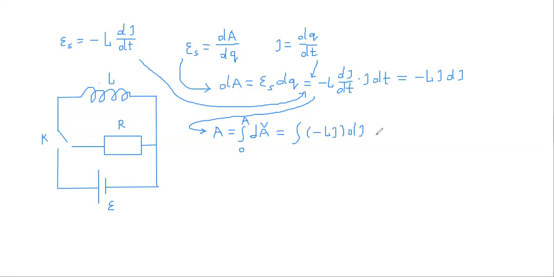And we have to define the integral limits. If this part of the circuit is activated, electric current changes from its initial value I to zero.